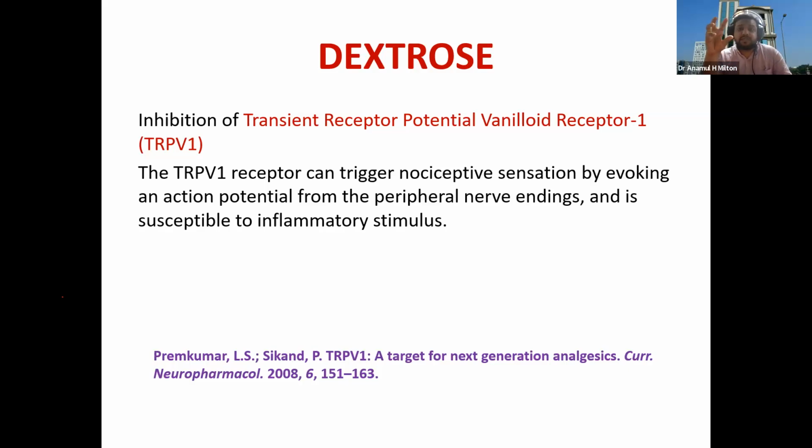Or sometimes if there is swelling of the nerve itself, it shrinks, and the inflammatory mediators and the swelling, especially the collection within the median nerve, go outside the nerve. So it also inhibits the transient receptor potential vanilloid receptor 1. So it reduces the nociceptive sensation by evocation of the action potential at the peripheral nerve ending, and subsequently it decreases the inflammation.